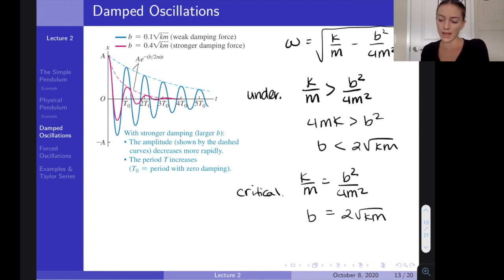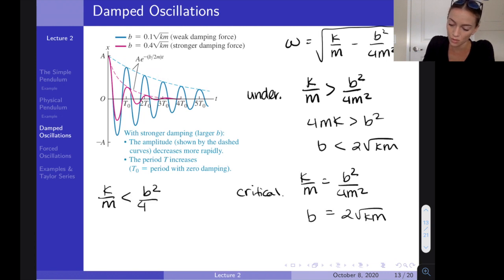Then we also have what's called overdamping. We have one more option here for our parameters. What if this last term was actually bigger than this term here? Then that would give us a negative underneath this square root, which would give us an imaginary omega. If k over m was less than b squared over 4m squared, that means that b is greater than 2 square root km.